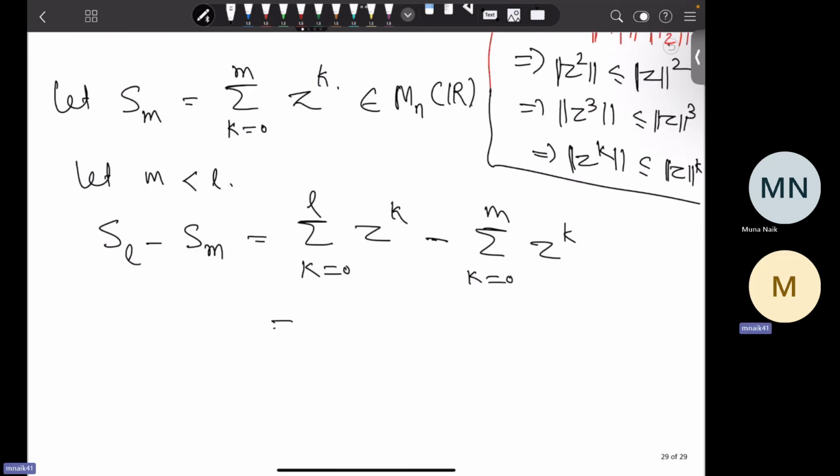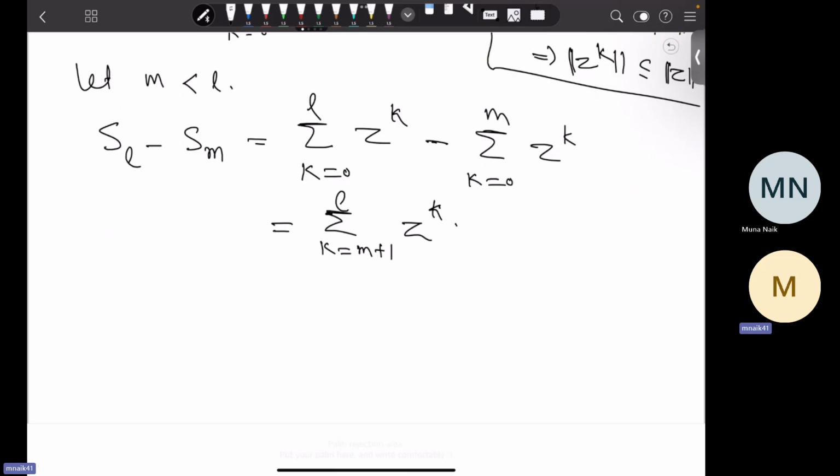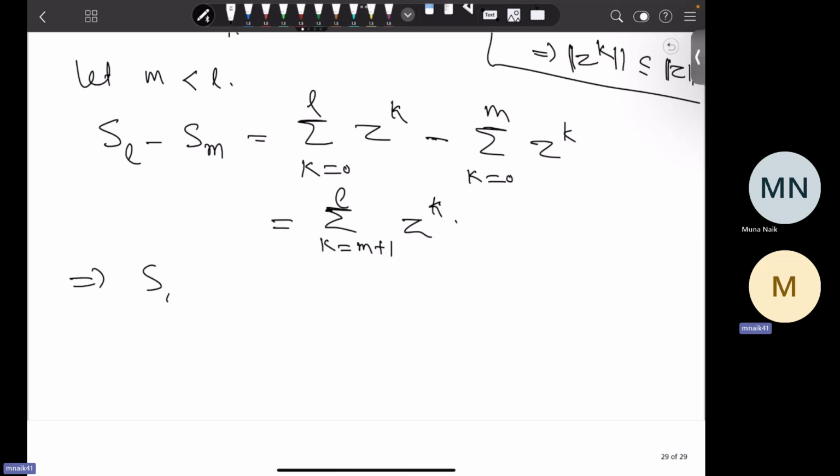That will give you the sum from k equals m plus 1 to l of Z to the power k. That means the norm of Sl minus Sm is equal to the norm of the sum from k equals m plus 1 to l of Z to the power k.